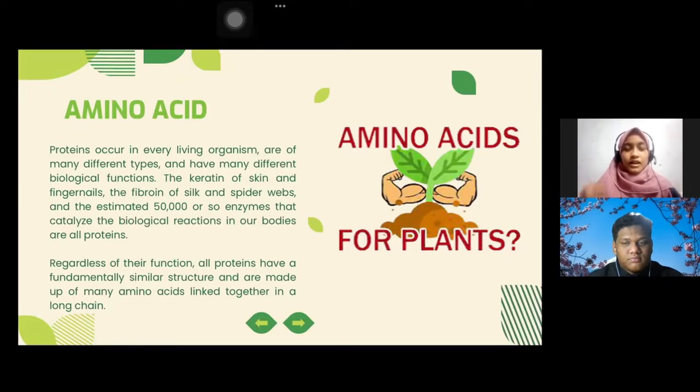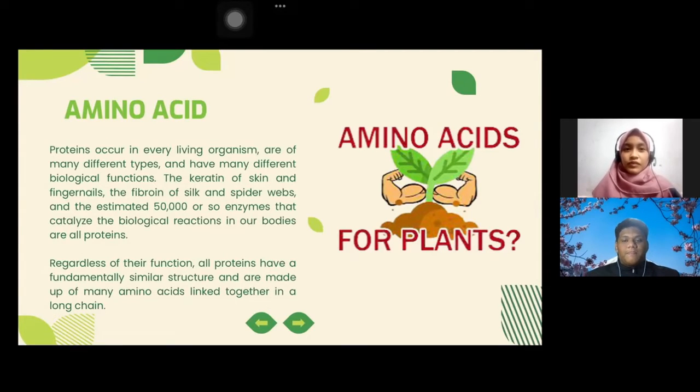Amino acids are actually molecules that combine to form proteins. Proteins occur in every living organism and they have many different types and also many different biological functions. For example, the keratin of the skin and our fingernails, the fibrin of silk and spider webs, and the estimated 50,000 or so enzymes that catalyze the biological reactions in our bodies are all proteins.